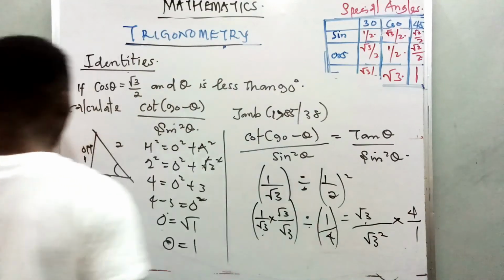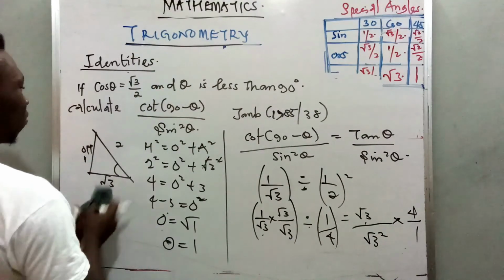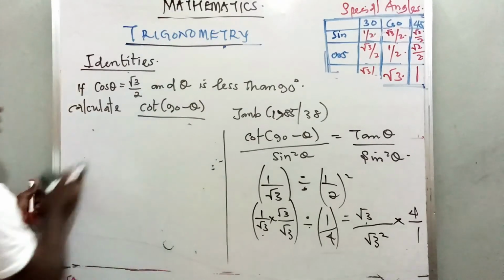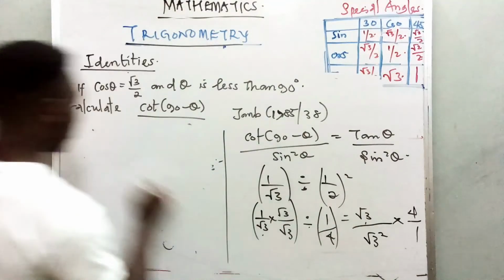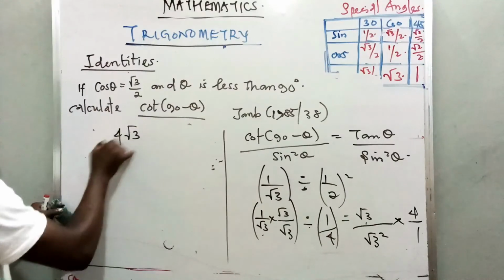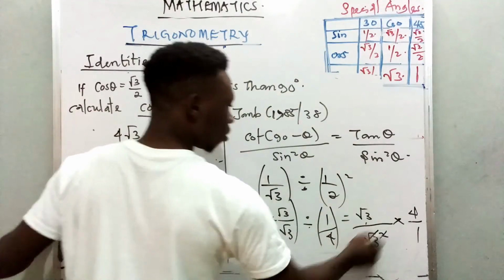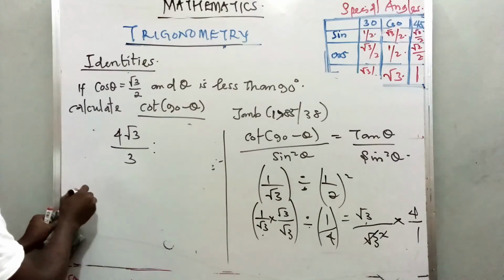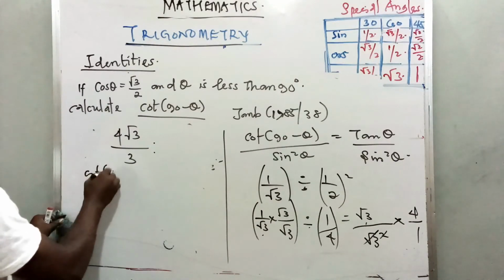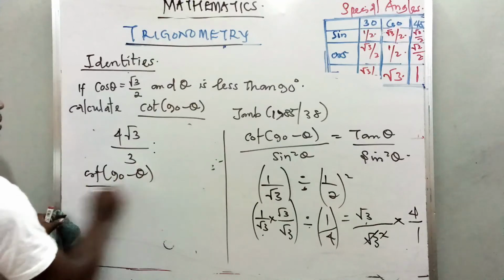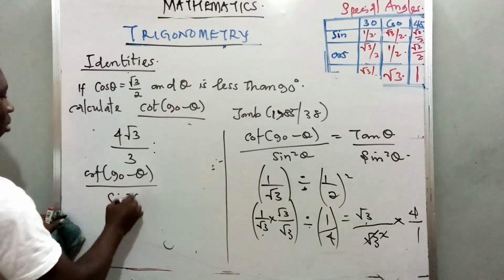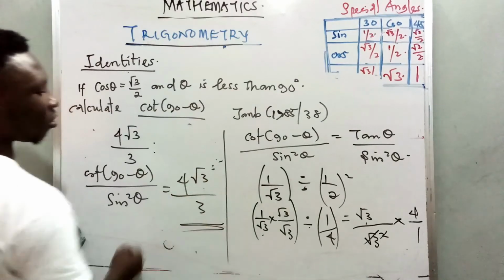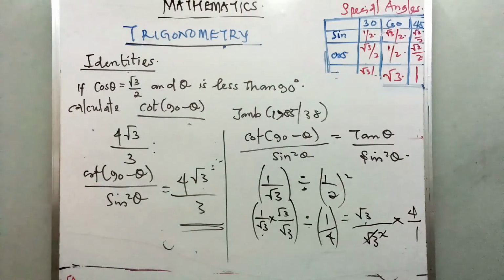So times the 4. That's going to go further to be root 3 times 4, that is 4 root 3 over, this cancels this, over 3. So therefore, cot of 90 minus theta over sine square theta is equal to 4 root 3 over 3, and that is your final answer.